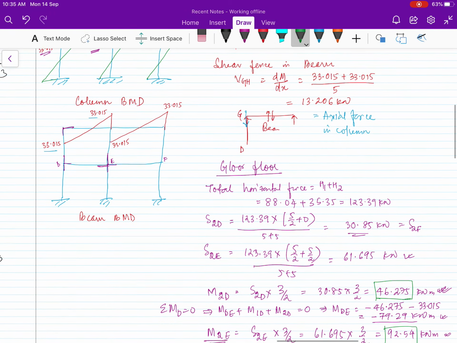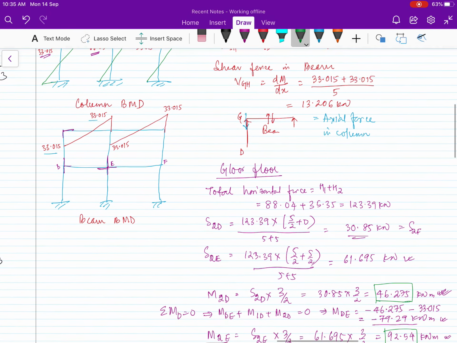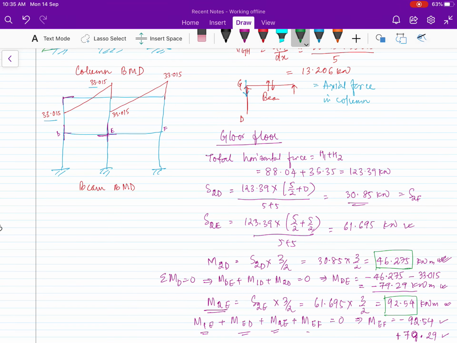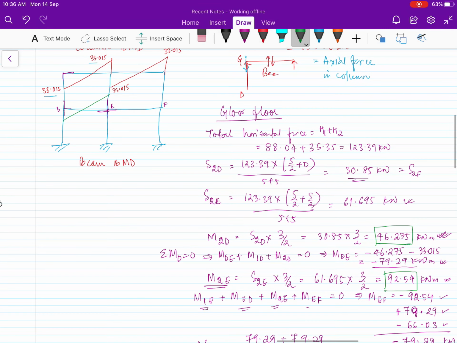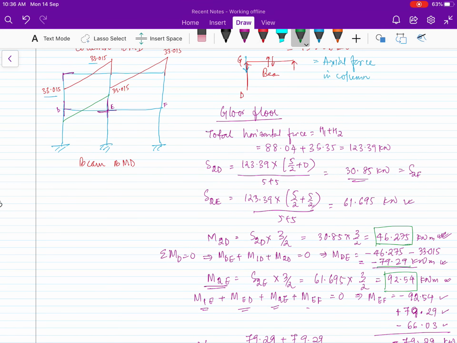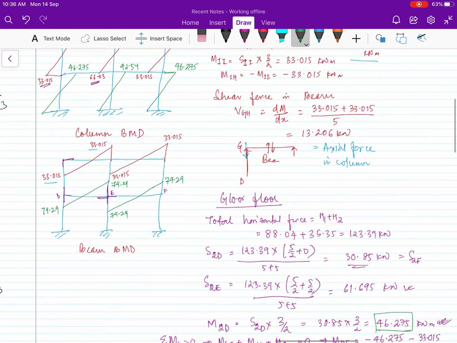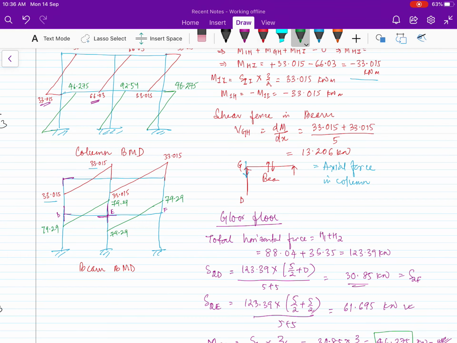Okay, this is the complete bending moment diagram for the column. Coming to the beam, we have calculated the moment, and DE is minus 79.29. Okay, this also we got 79.29. Okay, so this is our column and beam bending moment diagram.